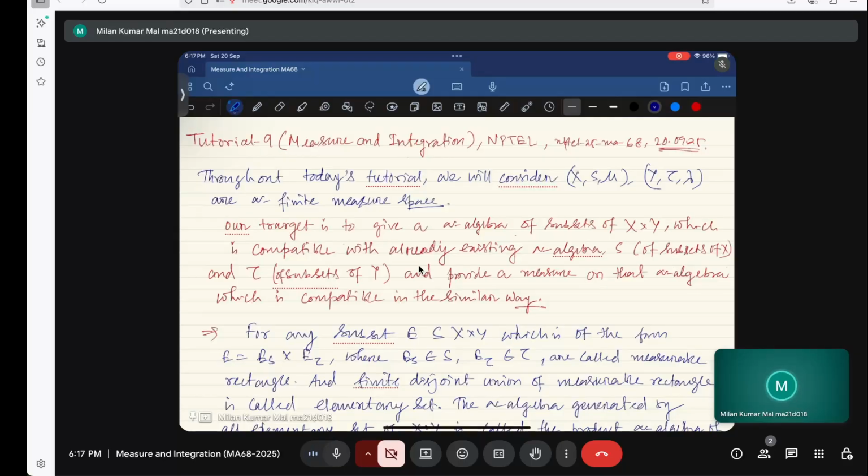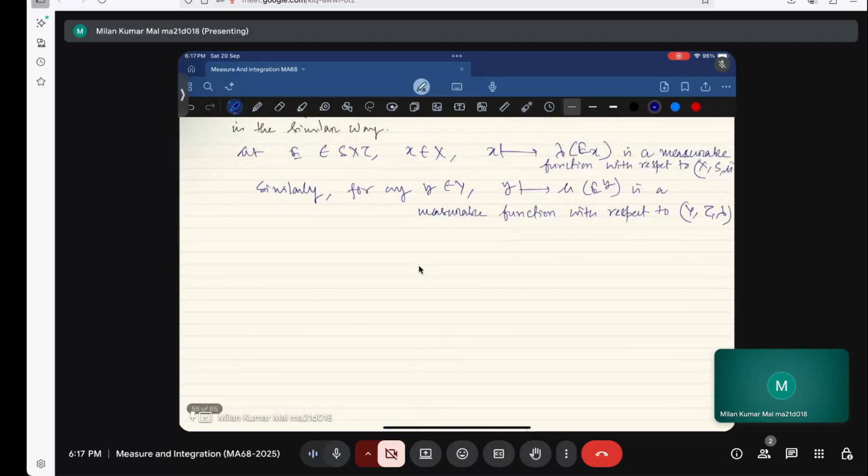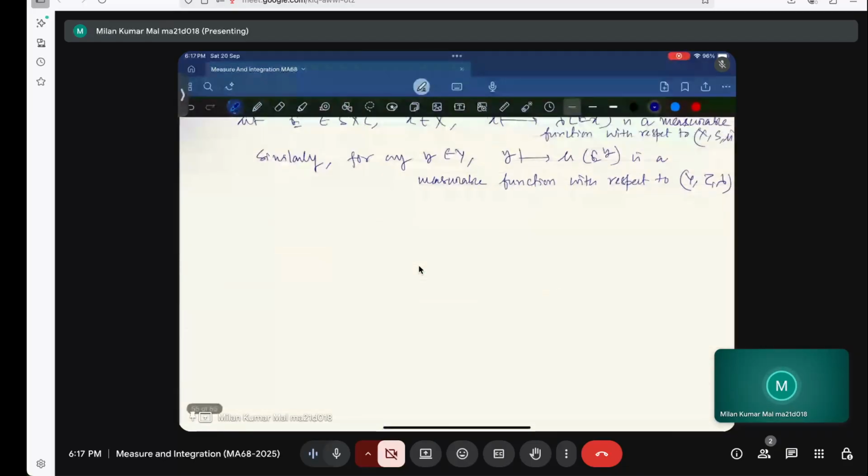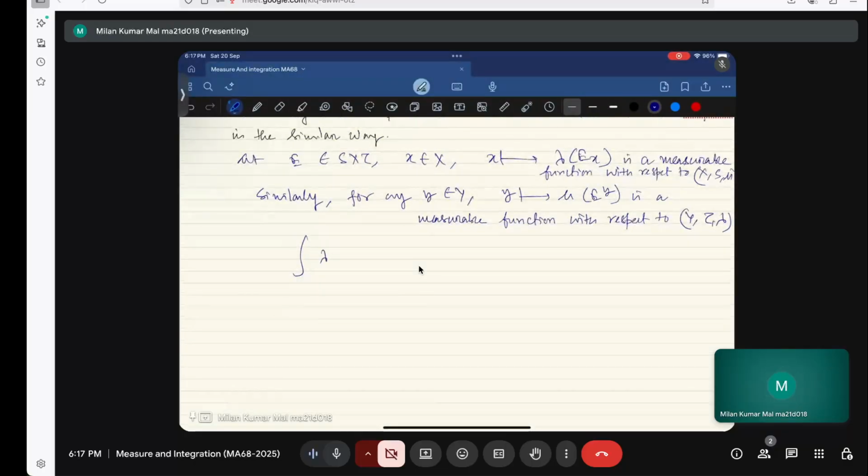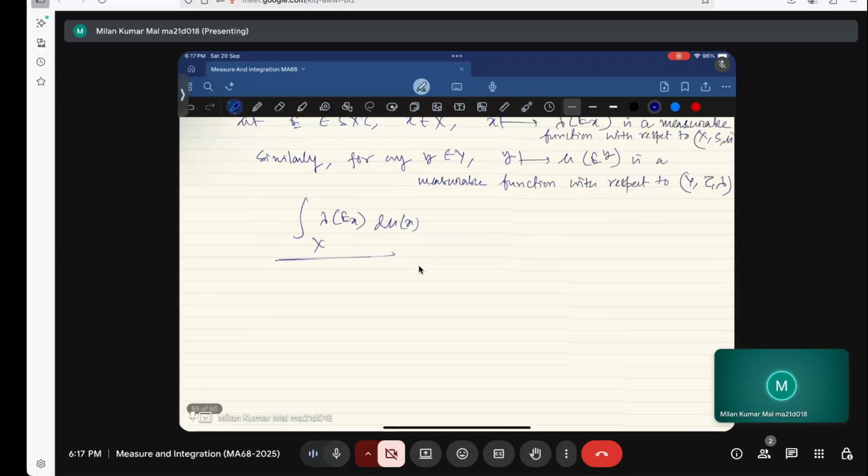Okay, so I will not discuss why there is a problem, but if we consider sigma finite measure spaces, then these two will be measurable functions. So if one considers the integral of mu of Ex d lambda x, this must be some value that can be infinite as well.